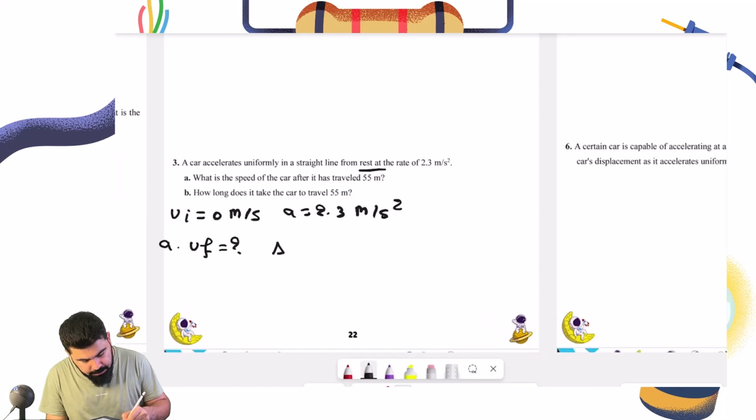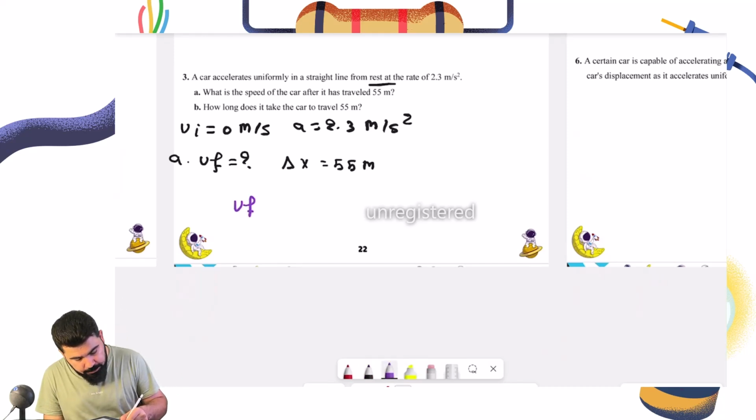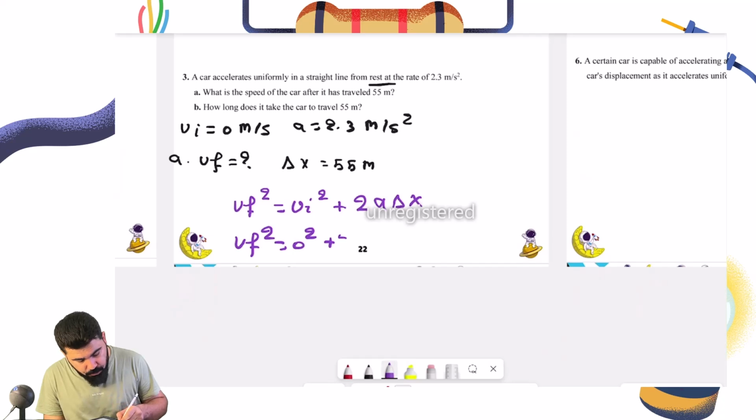If you know delta x is equal to 55 meters. Okay, let's find V final. So we're going to say V final squared is equal to V initial squared plus 2a delta x. V final squared is equal to 0 squared plus 2 times 2.3 times 55.